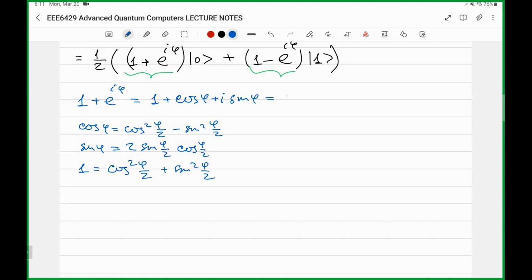So all this being plugged into this formula gives me cosine square phi over 2 plus sine square phi over 2 plus cosine square phi over 2 minus sine square phi over 2, and then plus 2i sine phi over 2 cosine phi over 2.